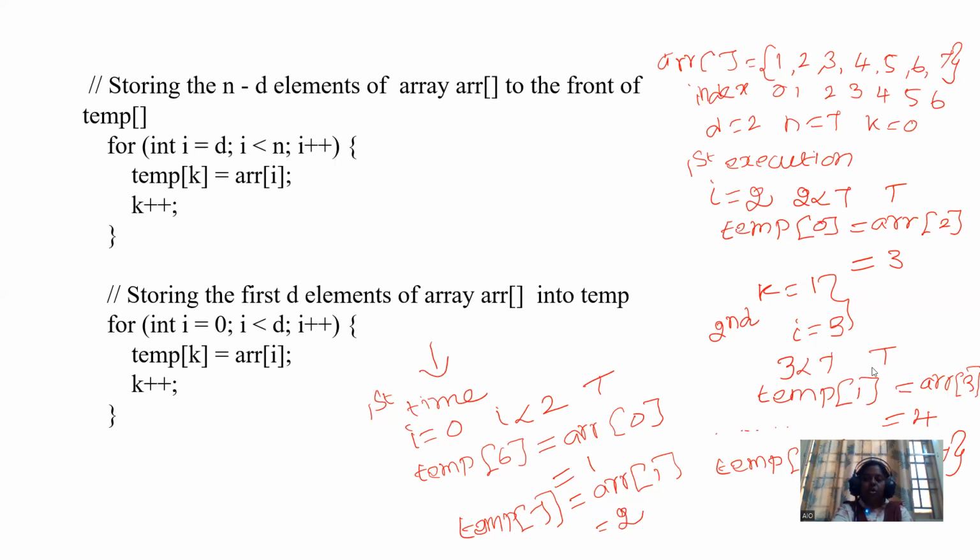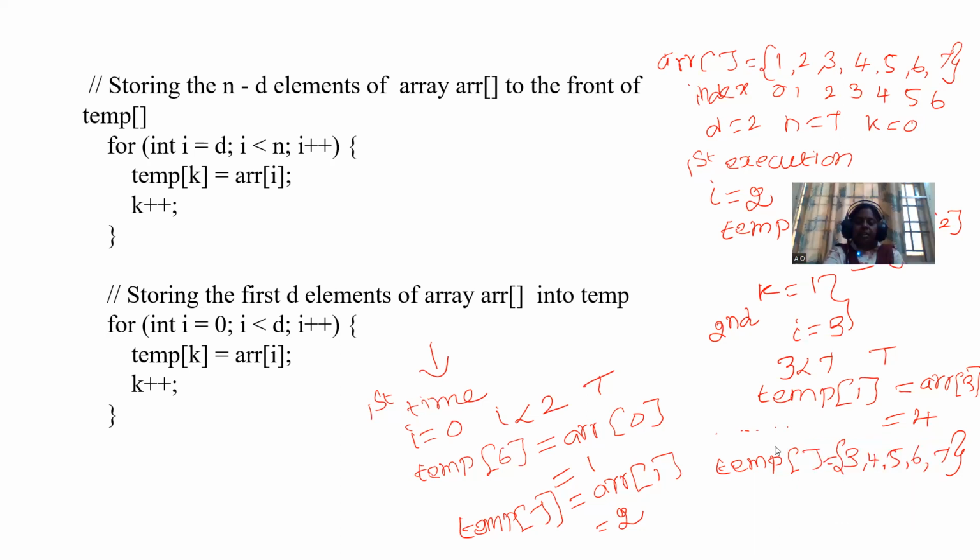The condition is true. In the temporary array, the first index contains array of 3, which is equal to 4. Like that it will continue until the condition fails. Finally, you get the temporary array with 5 elements.